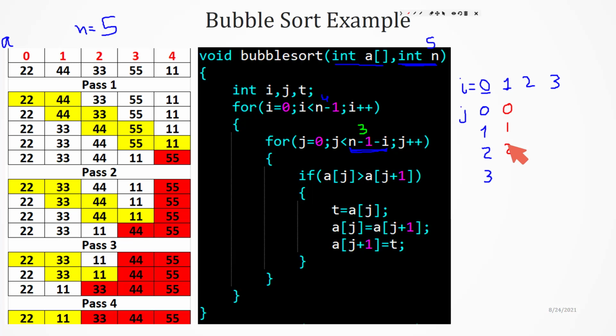When i value is 2, what are the possible values of j? 0, 1. Okay.